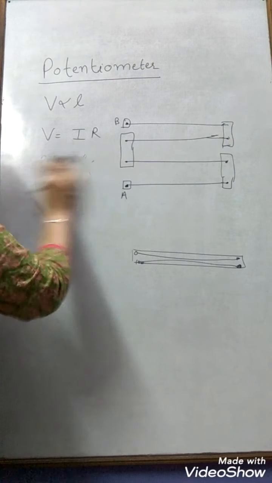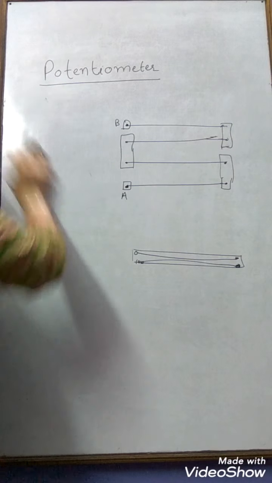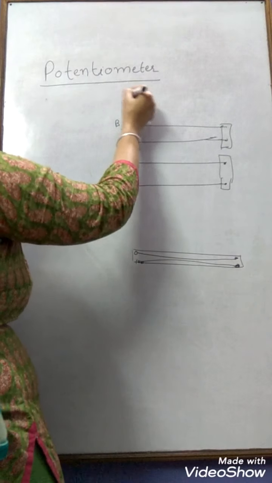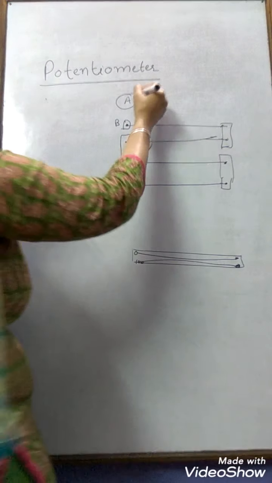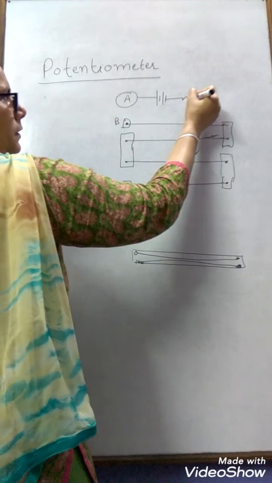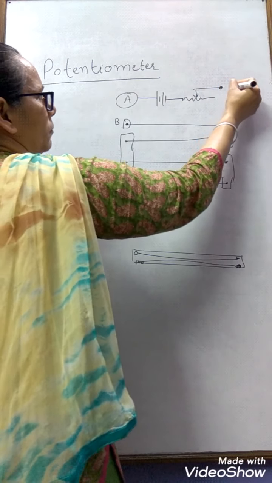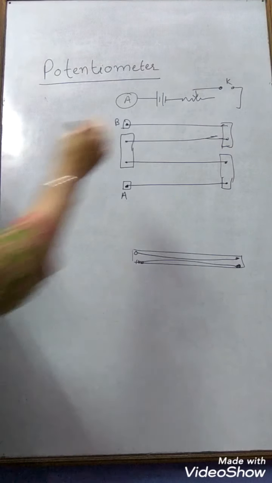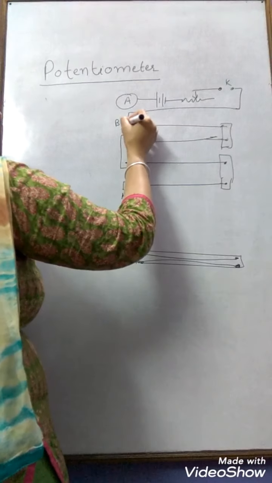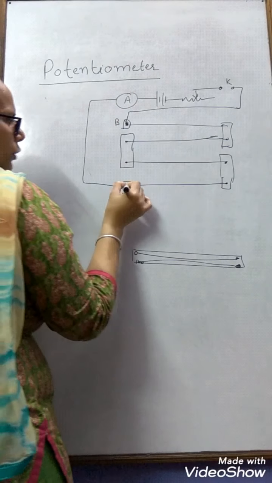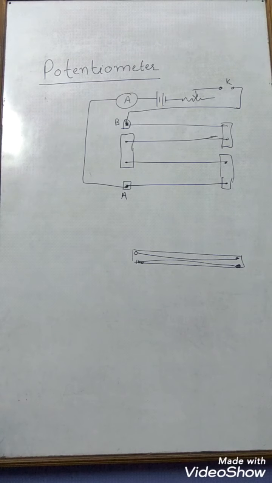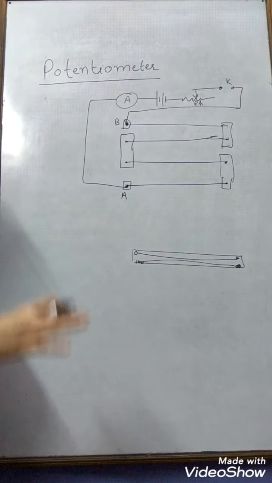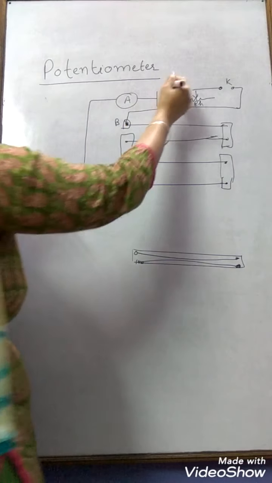And there is an auxiliary circuit also. Auxiliary circuit means driver circuit, which gives the current for this whole process. And this circuit consists of ammeter, auxiliary battery, rheostat with key, and this part is connected to B, and this A is connected to point A. Rheostat is a variable resistance which keeps the current constant.